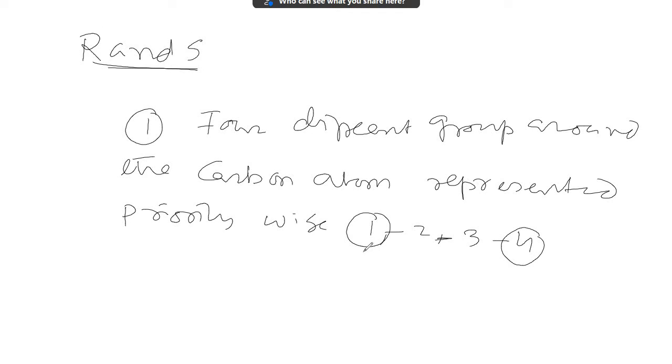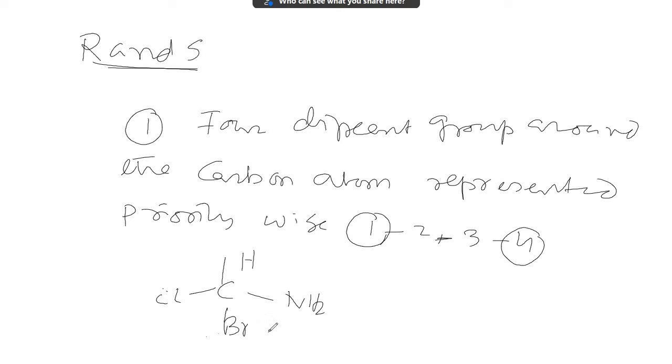The priority is defined by the atomic number of the atom directly attached to the chiral carbon. Suppose we think of the case of the Fischer projection form. Suppose it is given H, Cl, Br, NH2. In this case, H is one atom, Cl is one atom, Br is one atom, NH2 has N and 2 H. But the atoms directly linked to the carbon are hydrogen, chlorine, bromine and nitrogen.